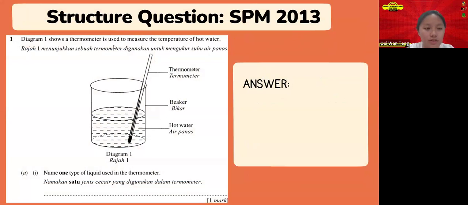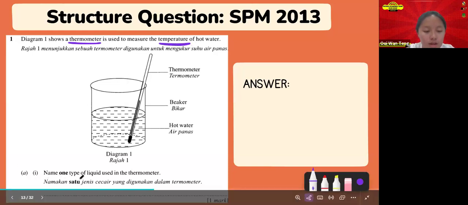Now, let's read the question first. Diagram 1 shows a thermometer used to measure the temperature of hot water. In the diagram, we can see that the thermometer is immersed in a beaker filled with hot water. So we need to use the thermometer to measure the temperature of the hot water.